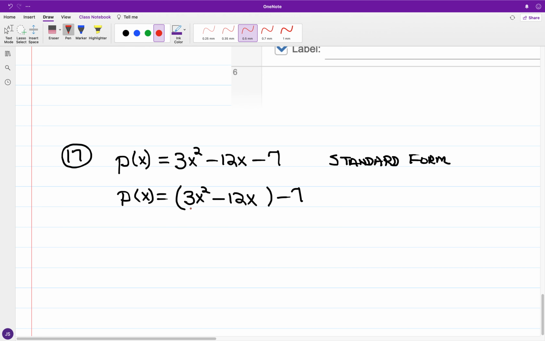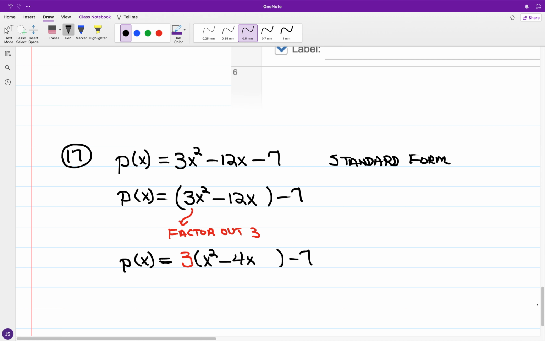So what I'm going to do here, we got 3 in the way. So if I factor out 3, you have p of x. If I factor out 3, just draw this out to the front. So you have 3 times the quantity of x squared, and 3 into -12x, and that is going to be -4x.